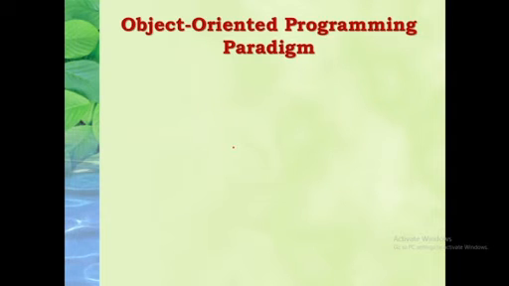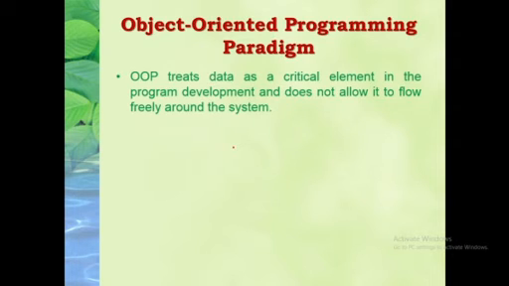Now let us have a look at the OOP paradigm. Let us completely change our function-oriented idea to a data-oriented idea. This is object-oriented programming, as we have already studied, known in short as OOP. OOP treats data as a critical element, not the function. Data has to be protected first, and the entire program development is dependent on protecting the data.